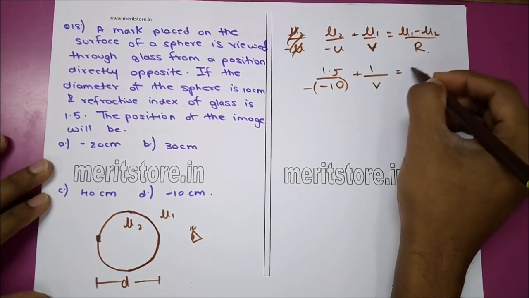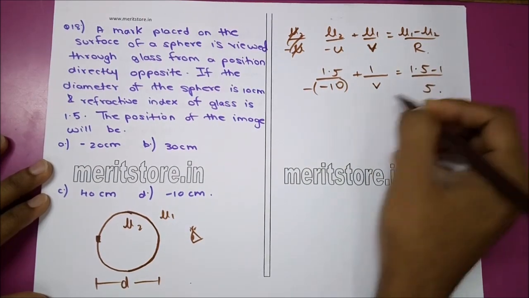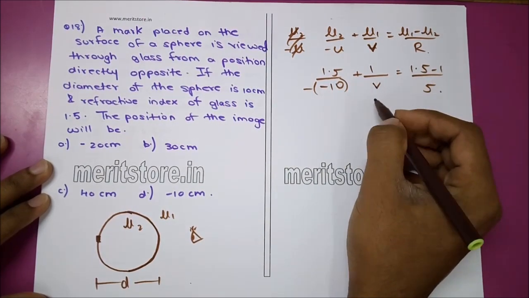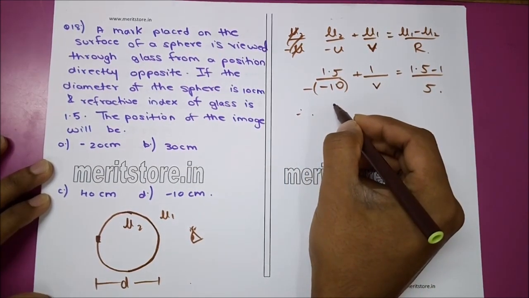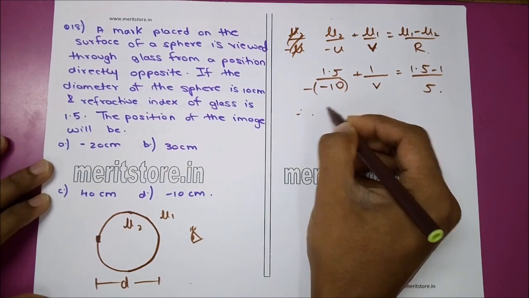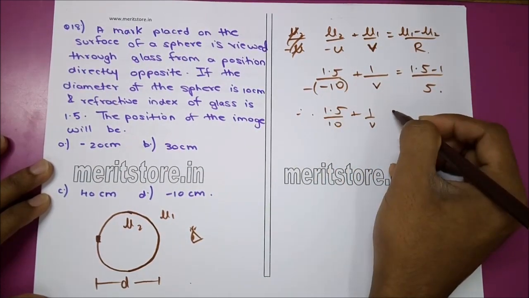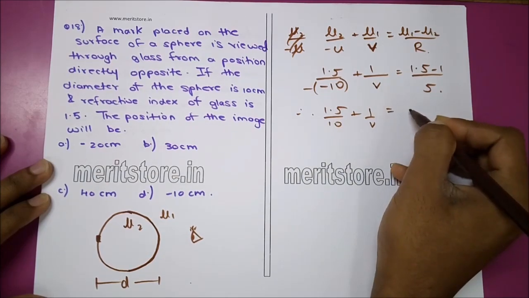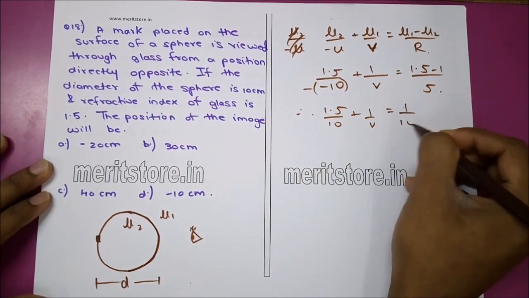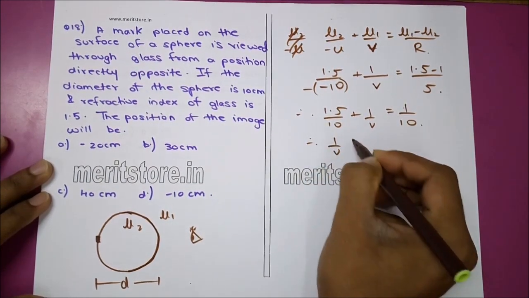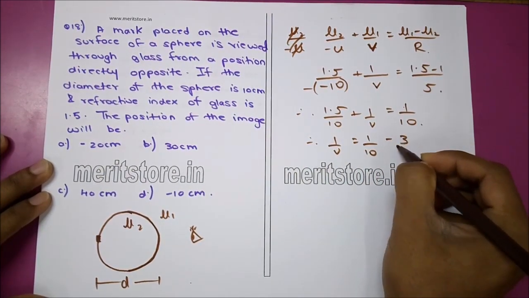And mu2 minus mu1 is 1.5 minus 1 upon the radius of curvature, which is 5. So therefore this turns out to be 1.5 upon 10 plus 1 by v is equal to 1 by 10.